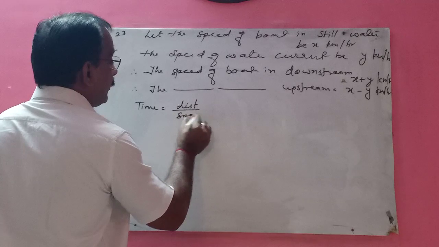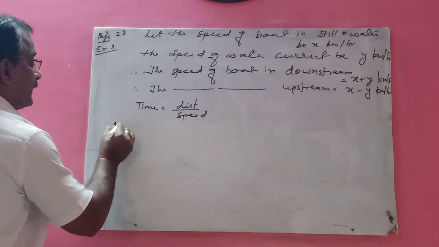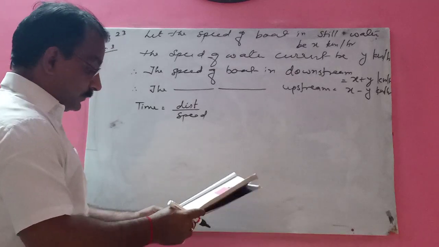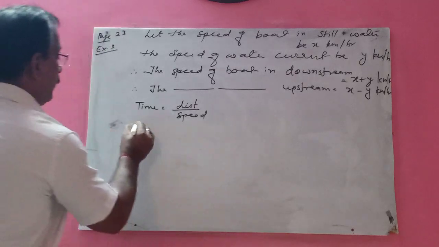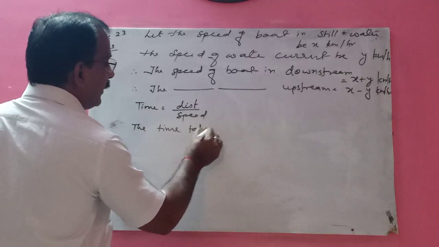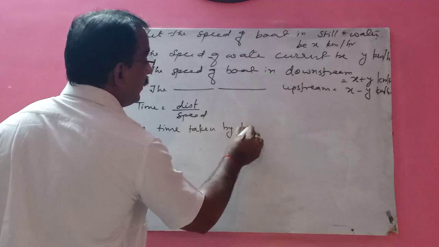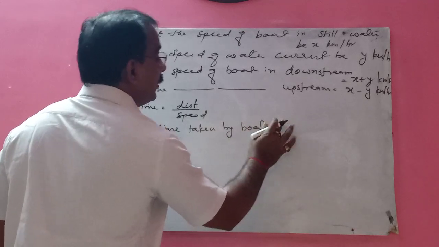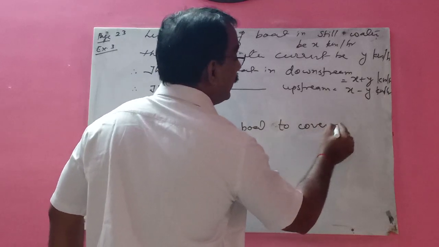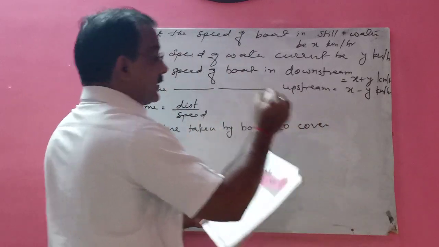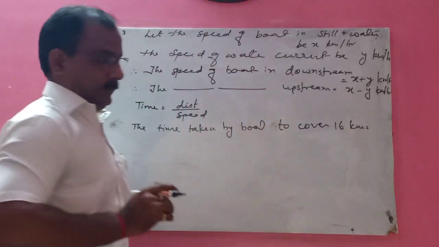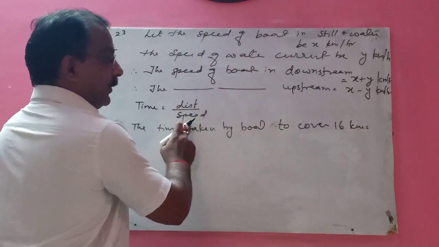Distance upon speed. So as per the first condition, the time taken by the boat to cover 16 kilometers is equal to distance upon speed.